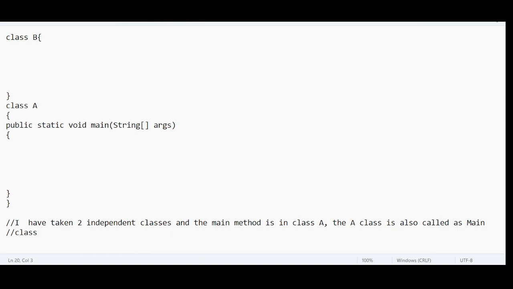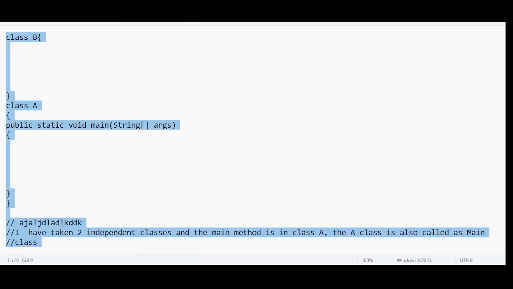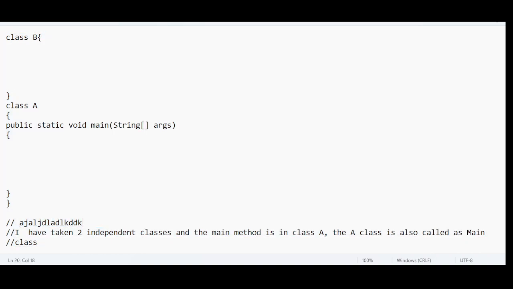I'm just commenting this out. If you want to ensure that a particular piece of instructions or a line of code is not executed, you write that code preceded by two forward slashes. Whatever you write here, even if you try to compile this code, Java will not consider it. Java will treat it as a kind of garbage.